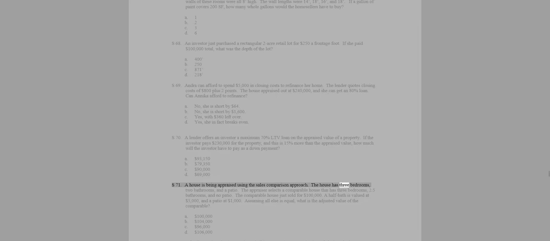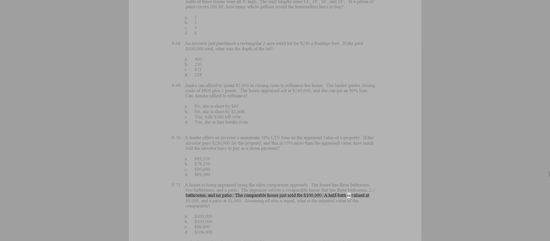S71. A house is being appraised using the sales comparison approach. The house has 3 bedrooms, 2 bathrooms, and a patio. The appraiser selects a comparable house that has 3 bedrooms, 2.5 bathrooms, and no patio. The comparable house just sold for $100,000.